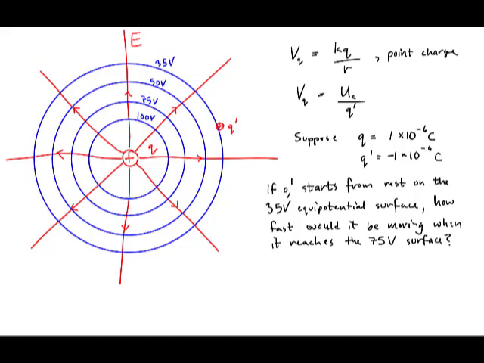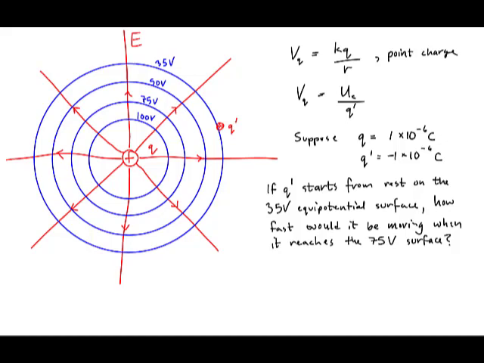Now remember, these equipotential surfaces are mathematical surfaces in space. They are not physical structures. They describe a value of potential where everywhere on that surface, the potential is constant.